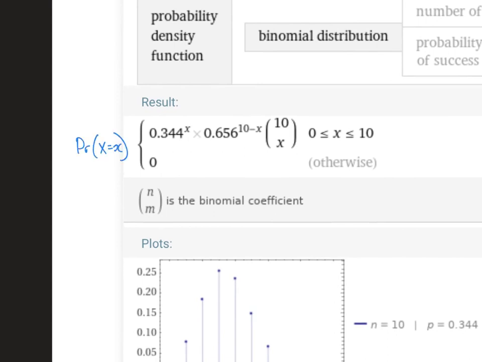So this is its proper function notation, is equal to nCr, times our probability of success, times our probability of failure. It will generate the probabilities for you for 0 to 10. And for all other x values, the probability is equal to 0. So this is what our graph looks like here.